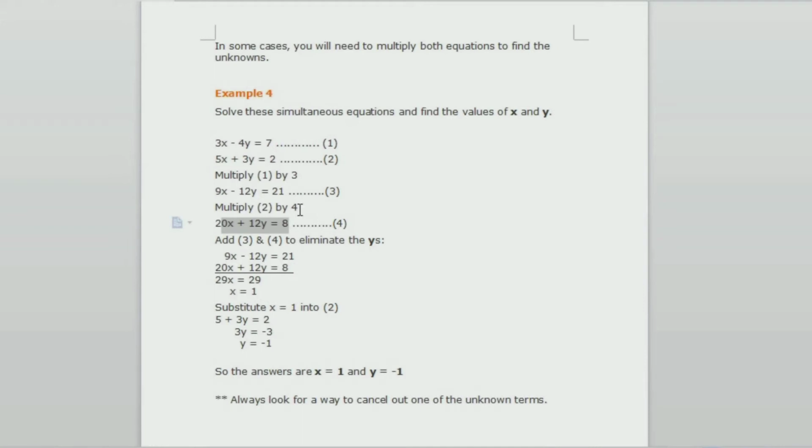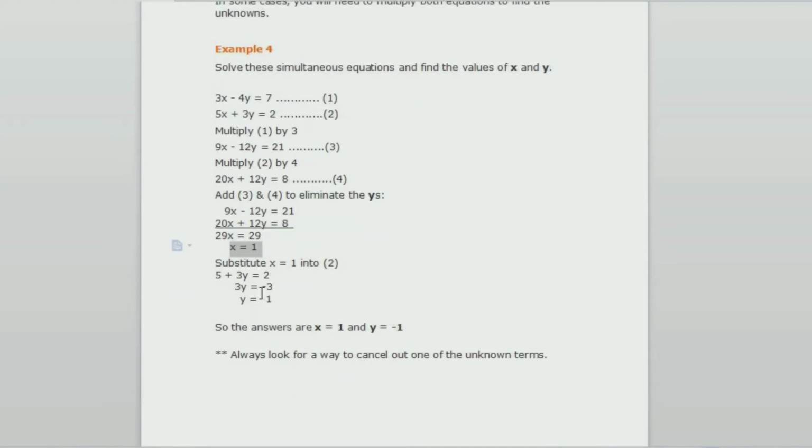And now we can add the third and fourth equations to eliminate the y's. And now we have x equals 1. And then we substitute x equals 1 back into the second equation. And it comes up with y equals minus 1.